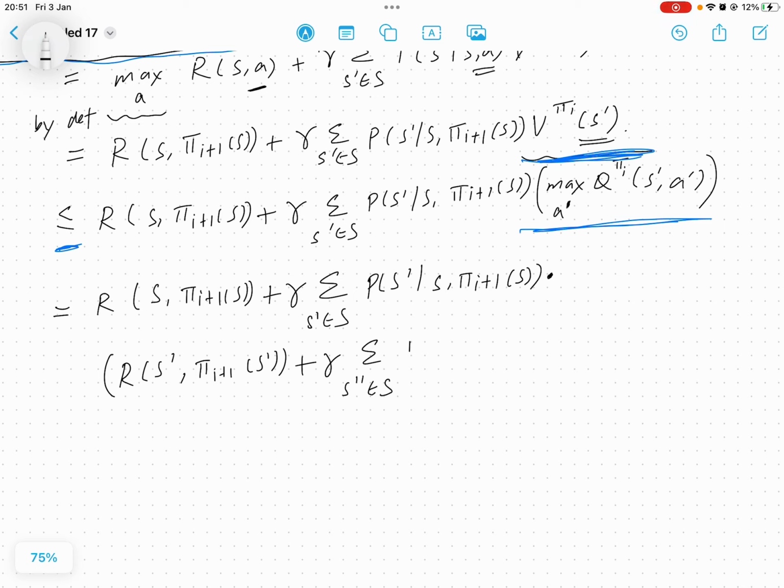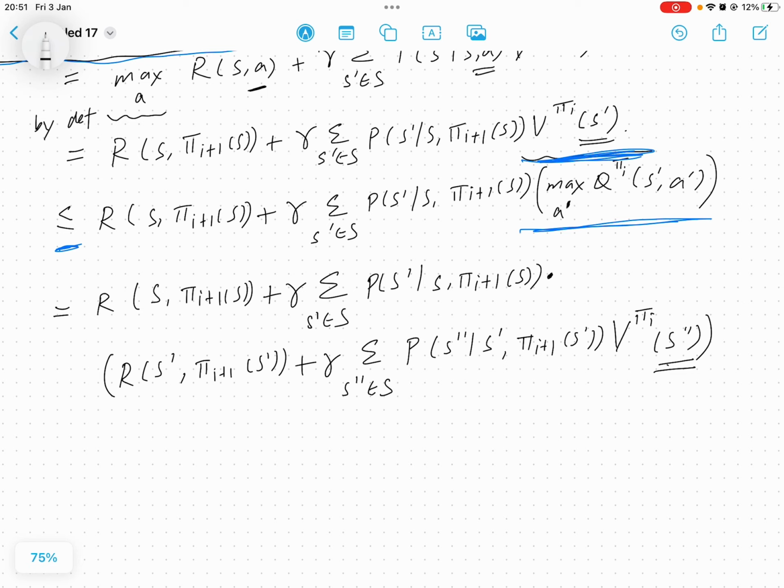And this would be p(s double prime | s single prime, pi_{i+1}(s single prime)), and here it'll be V pi_i(s double prime). So you can see that although we change all those s to s primes to s double primes, eventually in the expansion we nest all those Q values using the reward formats.